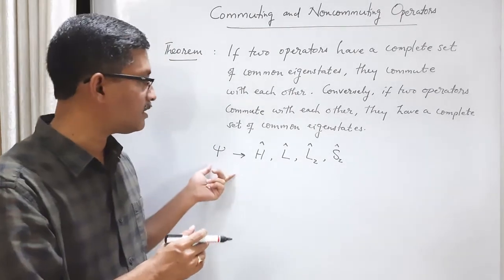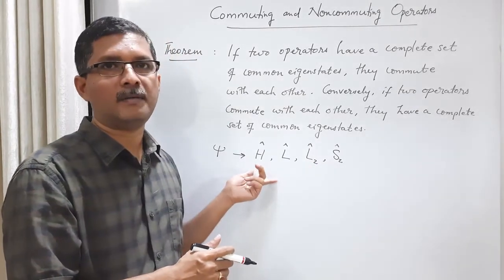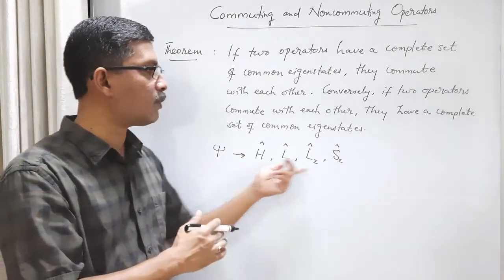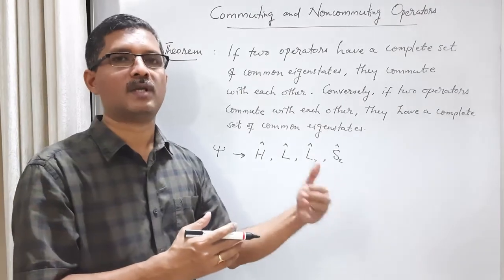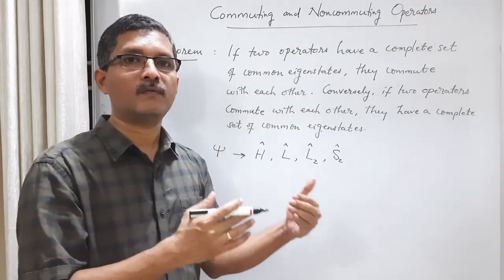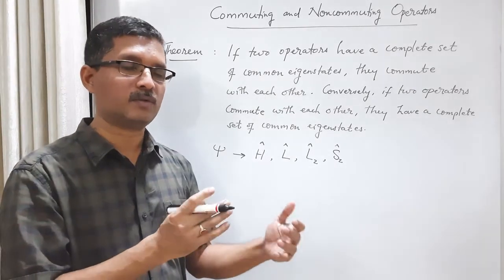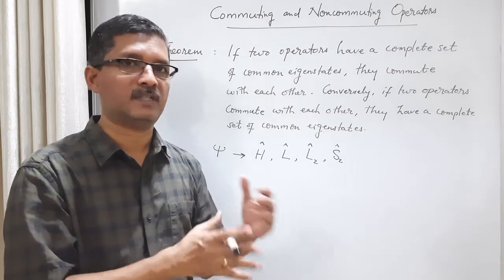In the case of the stationary state of the hydrogen atom, it is a common eigenstate for only these four operators. In the same way, for any state, there is an upper limit to the number of operators with which this state is a common eigenstate. In other words, there is an upper limit to the number of operators which are commuting with each other.